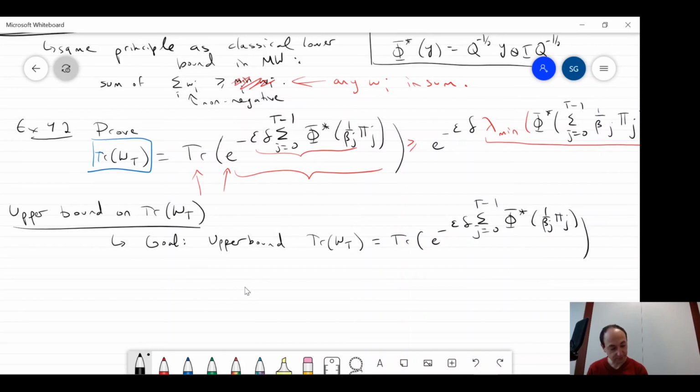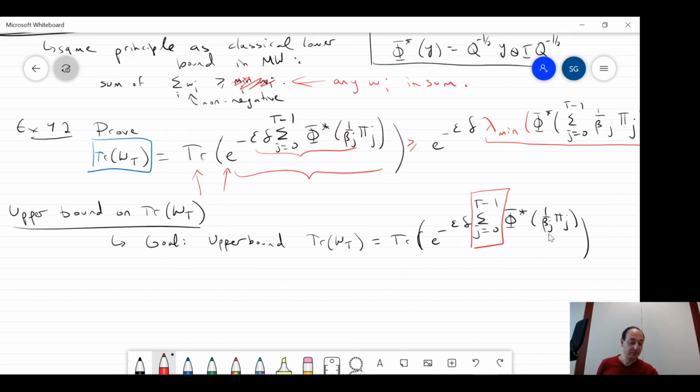And we want to do this inductively. Notice how I have this sum over all the time steps. That's really annoying. What I would really like to do is take this full thing over all the time steps, strip out the last time step, and then recurse inductively. That's our goal.